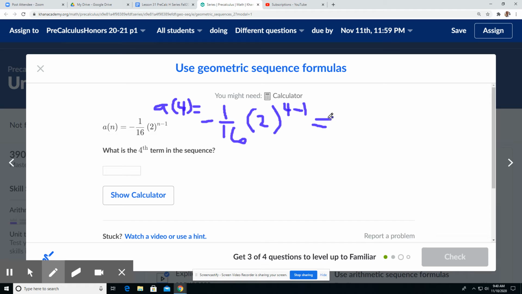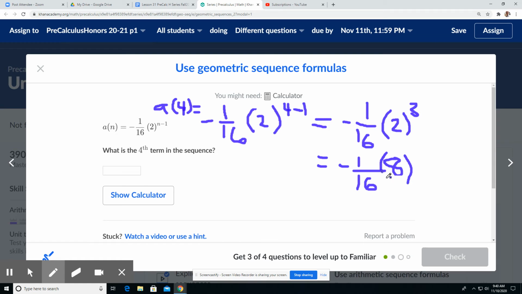This gives us -1 over 16 times 2 to the third. 2 to the third is 2, 4, 8, so the 8 goes to the top, -8 over 16, which is -1/2. So I got -1/2 as the fourth term.